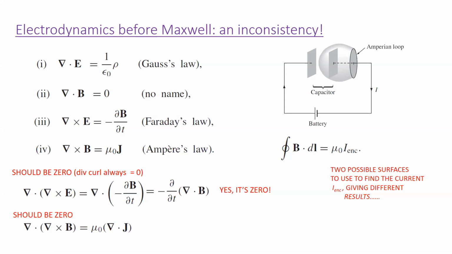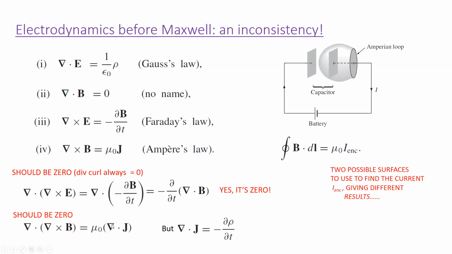This is called the continuity equation. It basically says that charge leaves a given volume only if it flows out through an area enclosing that volume. So this term is not 0, because charge can change at a point.